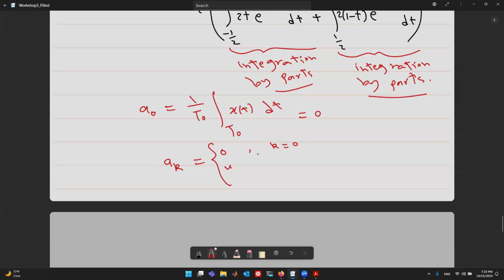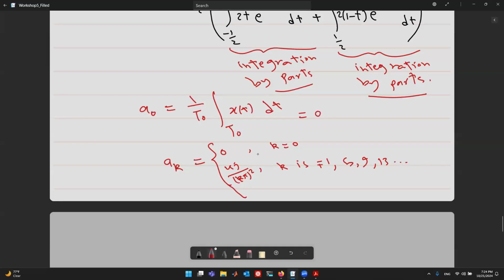And it will be 4j divided by k pi squared when k is plus minus 1, plus minus 5, and so on: 5, 9, 13, and so on.